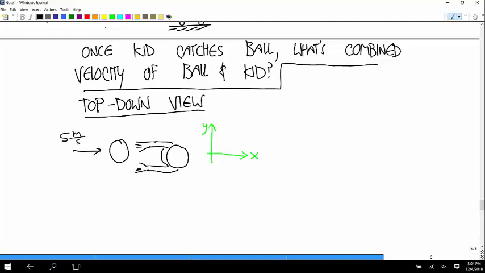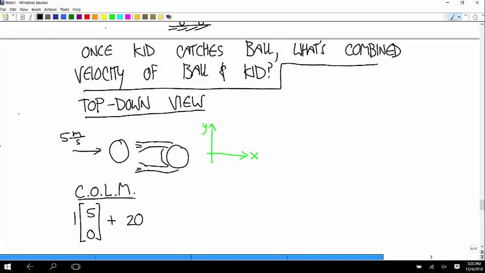Okay, so conservation of linear momentum says add up the momentums of the objects before the collision. So we'll do the ball first. What's the mass of the ball? Yep, 1. What's the velocity of the ball? 5 in the positive x direction, so (5, 0). What's the mass of the kid? 20.